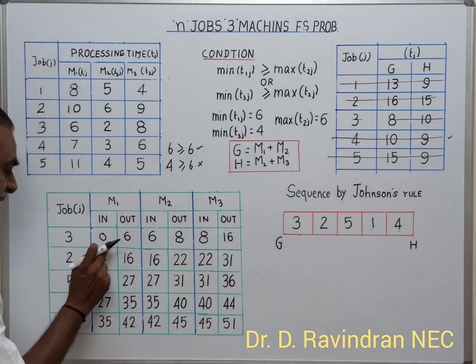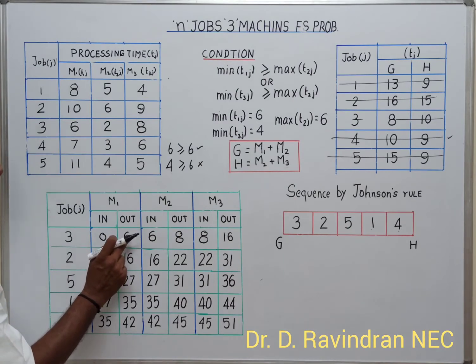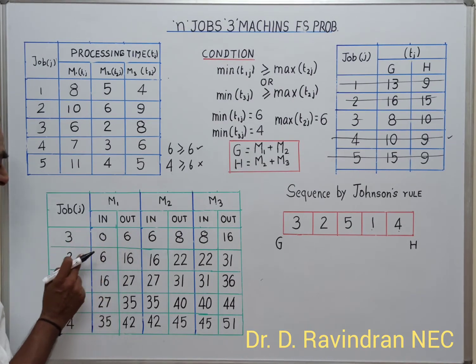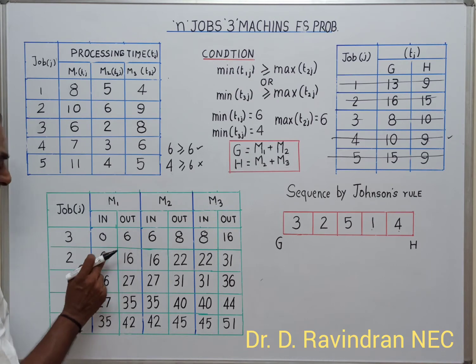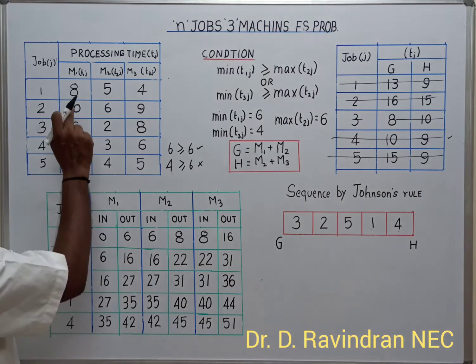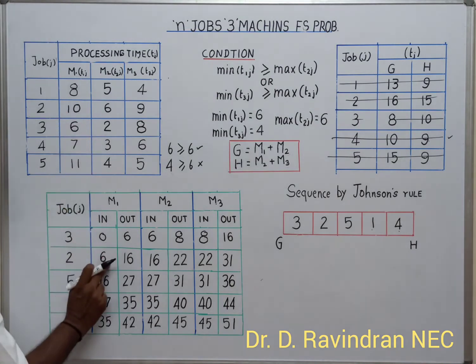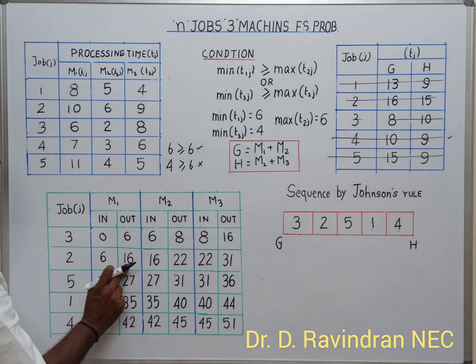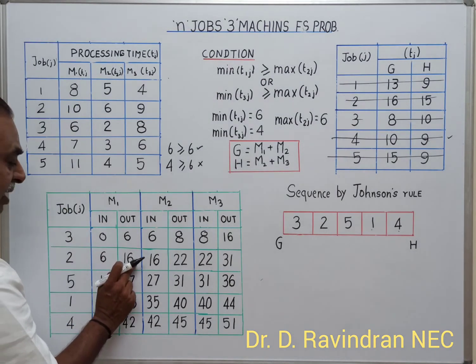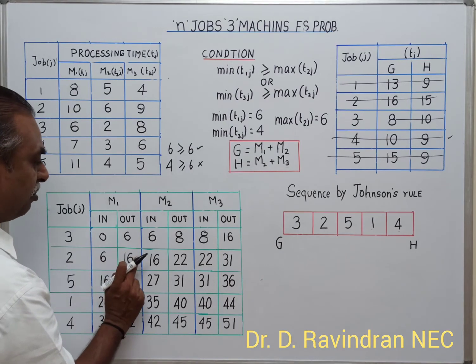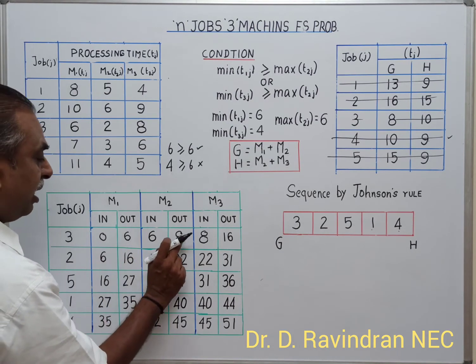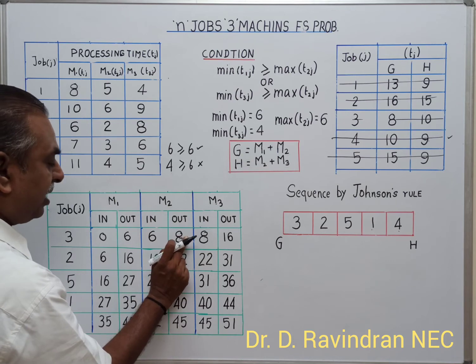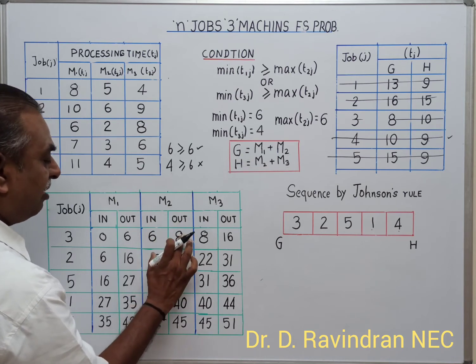Now, after machine 1 completes the third job at 6 hours, immediately we can feed it with the second job. So the second job enters machine 1 at time 6, where it is processed for 10 hours. So 6 plus 10 is 16. Here, at 16 hours the second job comes out of machine M1, whereas M2 completed the previous job by 8 hours and then is idle for 8 hours.